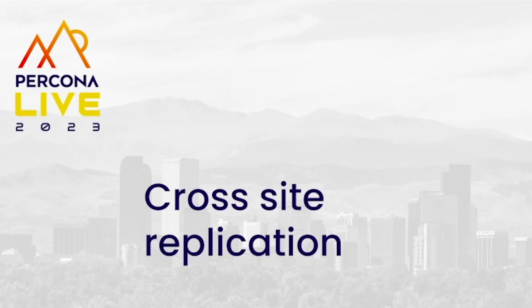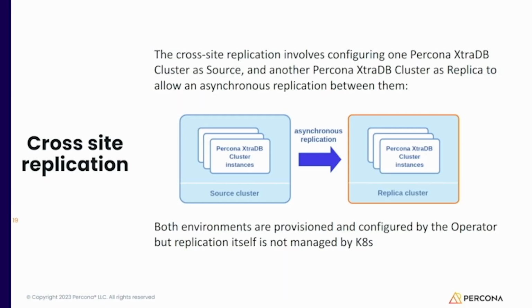Okay, some other feature of the PXC Kubernetes operator is cross-site replication, which means that you have a PXC cluster on a primary data center, another PXC cluster somewhere else, and asynchronous replication in between the two.